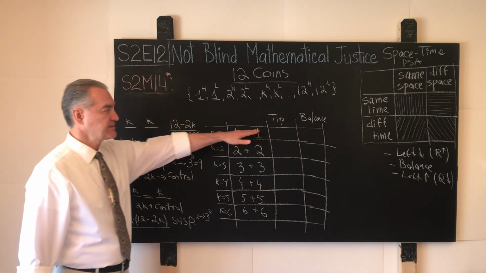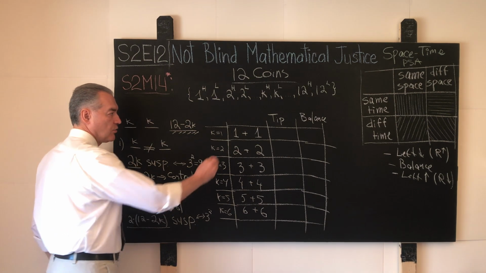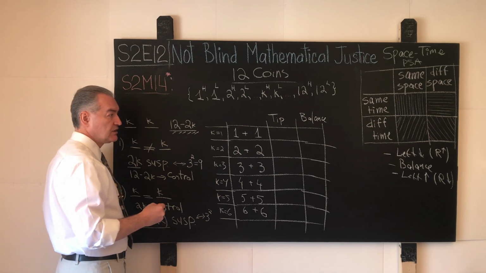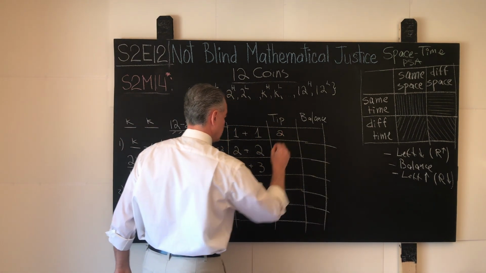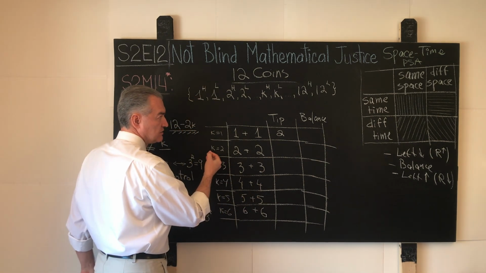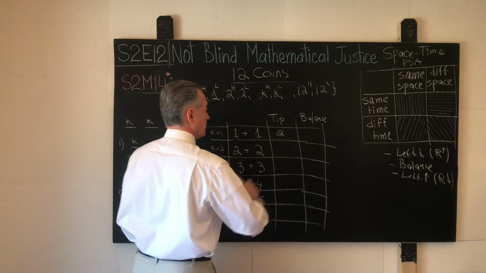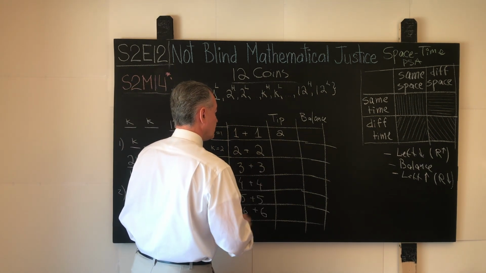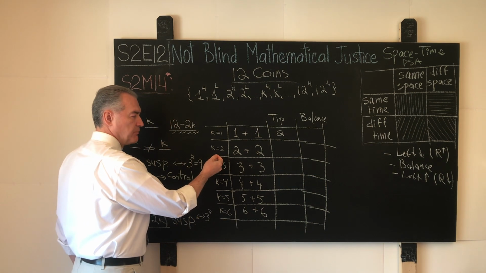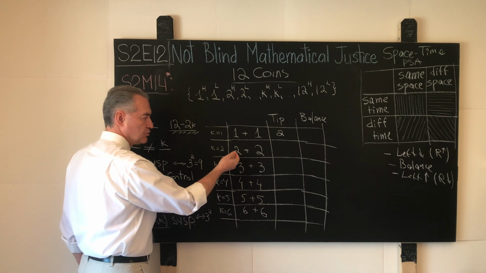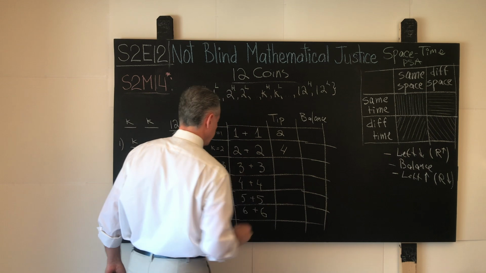When the pans tip over here, we simply see that, okay, in the 1 plus 1 partition, we need to generate 2 units of information. When the pans tip over in the 2 plus 2 partition, we need to generate 2 times 2, 4 units of information.